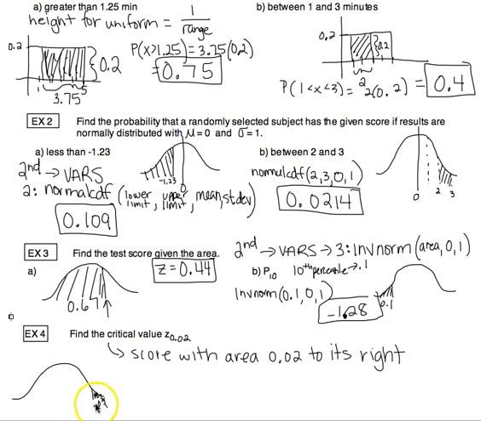And so this goes from whatever this critical value is, which is what we're trying to find, all the way to infinity. And it has a probability, or has an area, of 0.02. But when we do inverse norm, it only uses areas to the left.